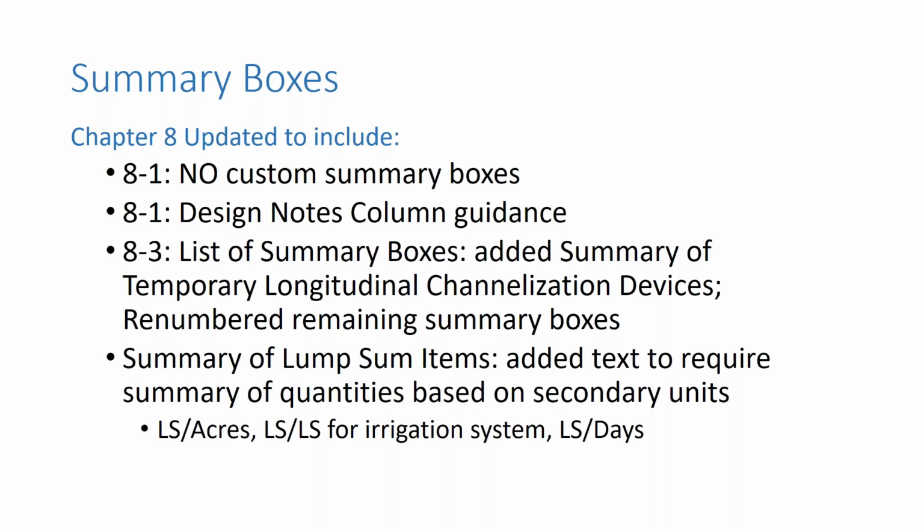Similarly, for irrigation systems, even though it's a lump sum pay item, we want to ensure that the bidder knows exactly how many feet of irrigation pipe will be needed and how many sprinkler heads or other equipment may be needed.